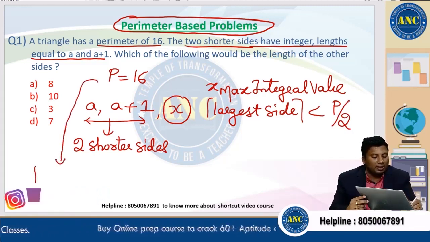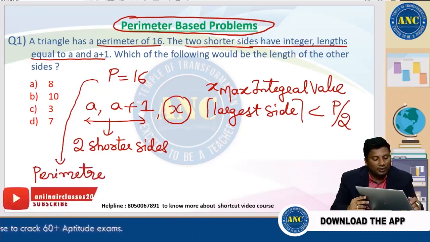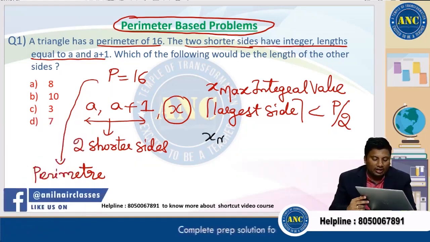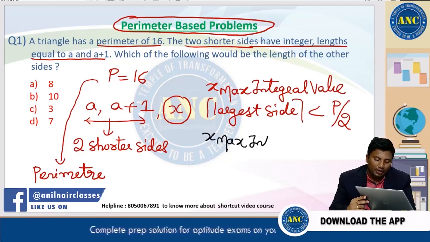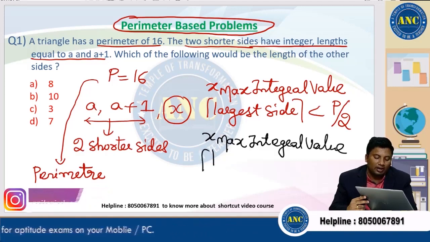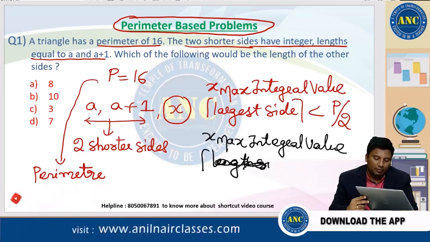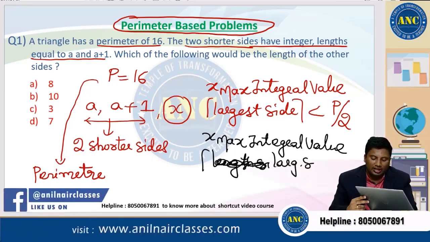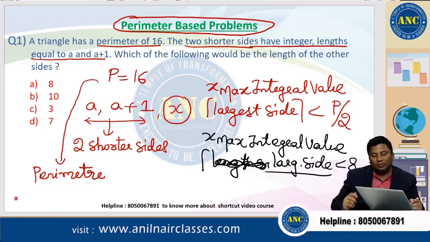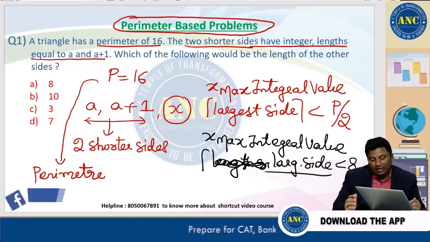P is the perimeter, which is 16. So the maximum integral value of the largest side is less than 16 by 2. It should be 8. The maximum integral value should be less than 8.